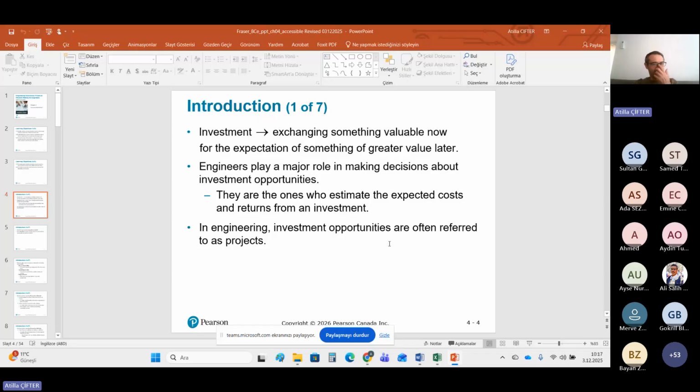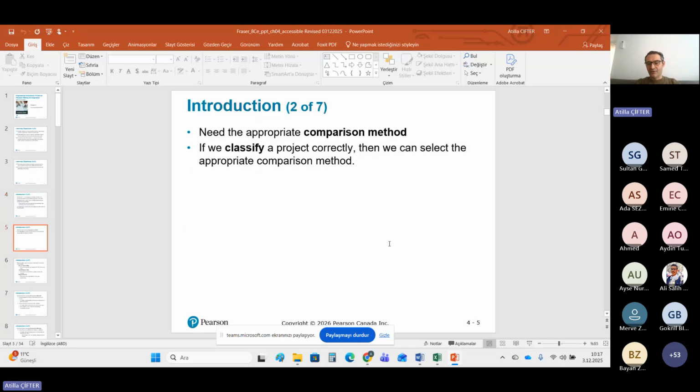These investment opportunities are often referred to as projects in industrial engineering. Engineers, finance experts, economists try to understand if an investment opportunity is profitable or not. So how can we understand if an investment is profitable? We can use comparison methods.